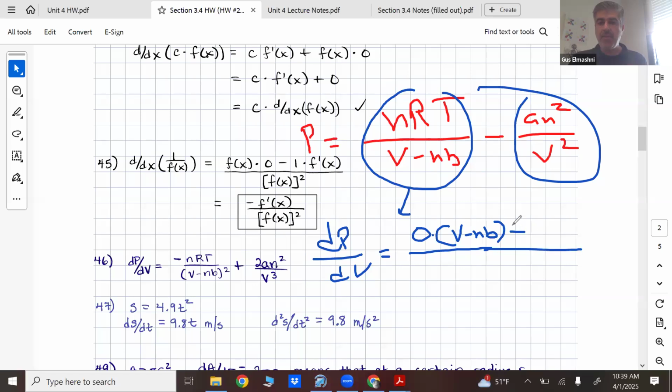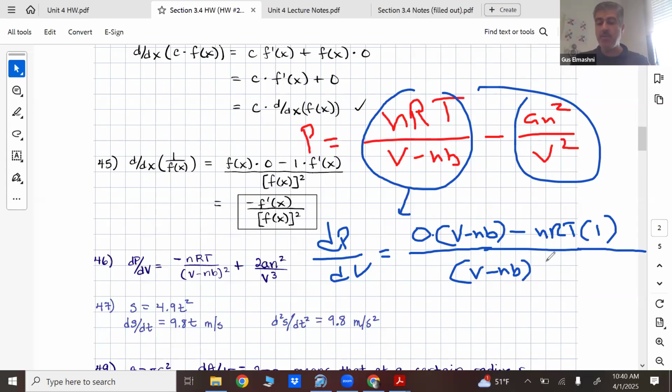Minus, then leave the top alone. And what's at the bottom, guys, in terms of v? Just 1. The derivative of v minus nb: nb is a constant, and the derivative of v is just 1 with respect to v. Okay, and then the bottom squared, right? But I'm not done yet because I also have to do the second fraction.